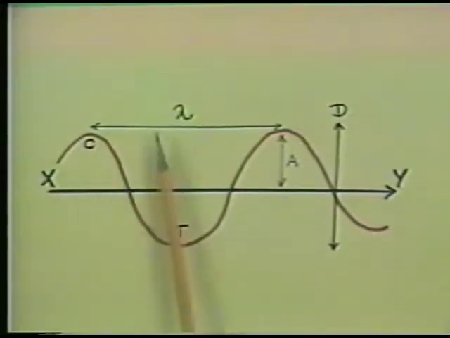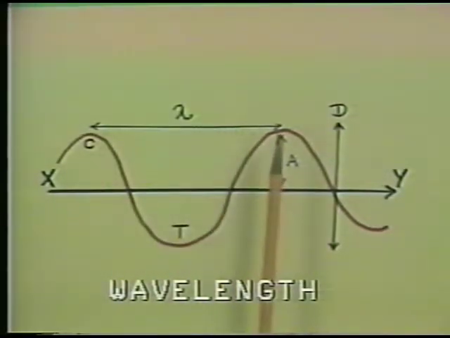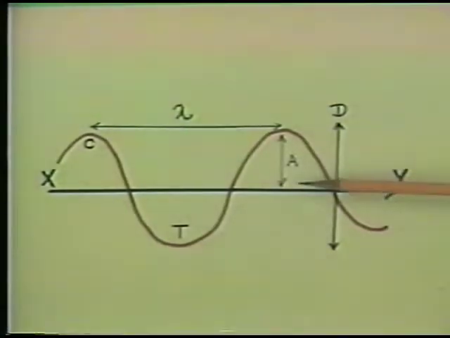There's also a wavelength, and a wavelength is measured typically from one crest to the next crest, or from one trough to the next trough. And this wavelength is different, of course, for different light rays. There's also a property called the amplitude, which can be measured here.